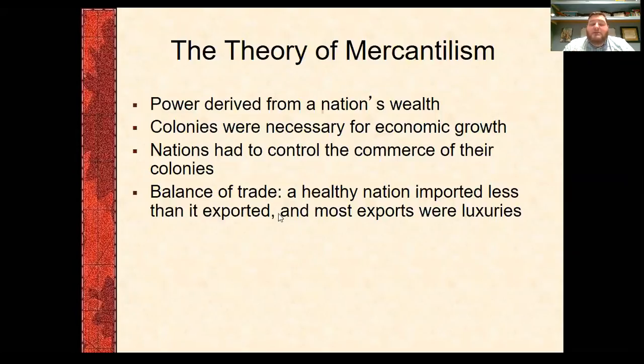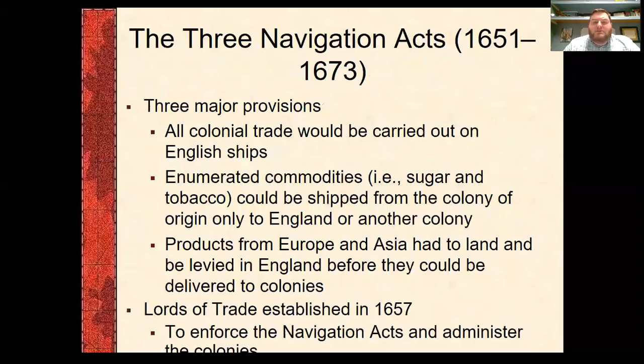And really here, like it says here, the balance of trade is important. A healthy nation imports less than it exports. So they have a positive balance of trade, meaning they're the ones that are making things and selling it across the world. And these exports are something that sustains their power. So mercantilism is very important to understanding why we see expansion at this time.